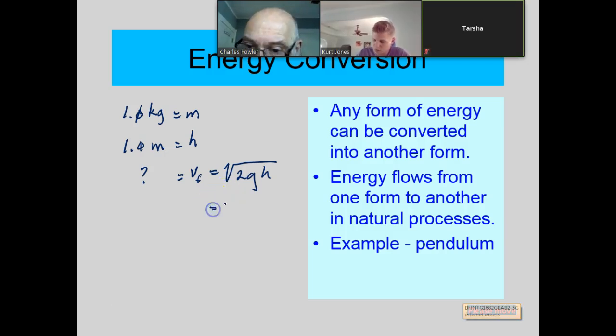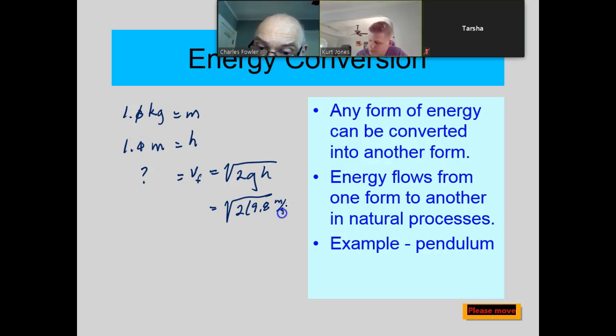All we have to do is the square root of 2 times, what's G? 9.8. What units? Numbers are no good without the units.